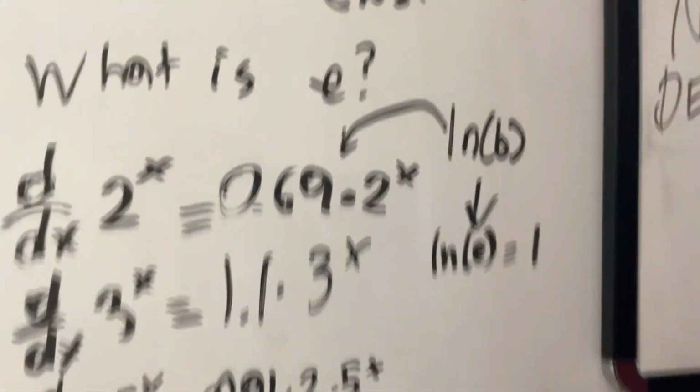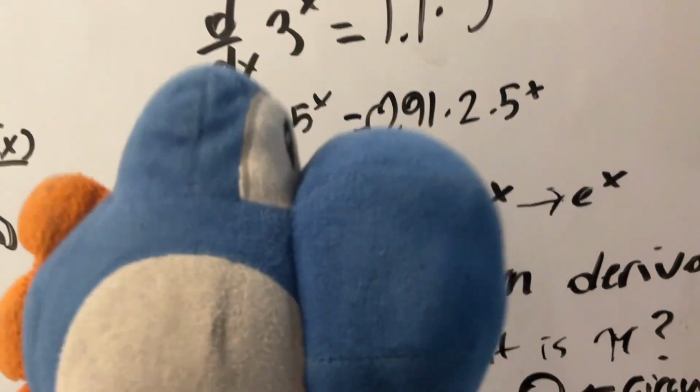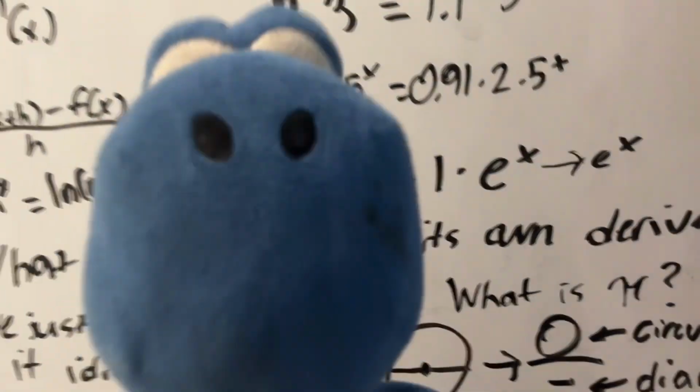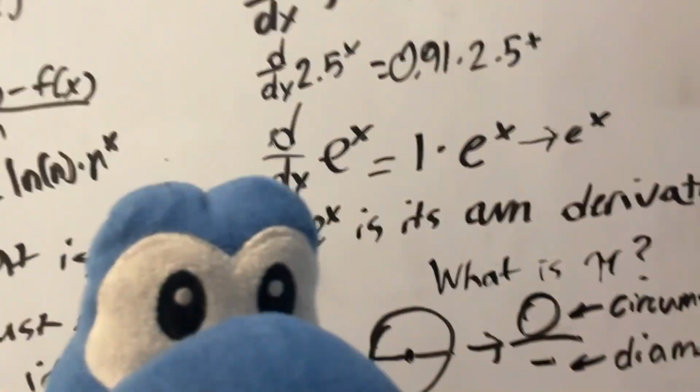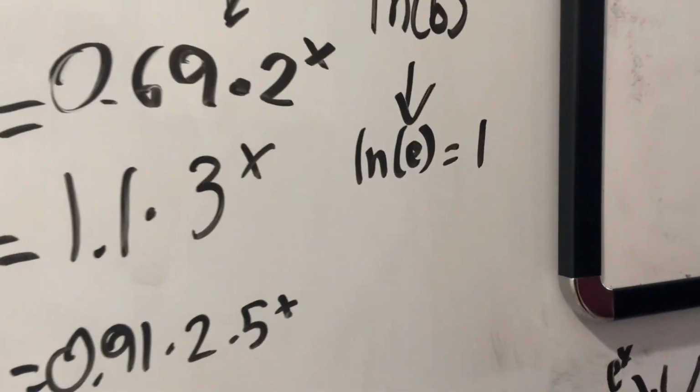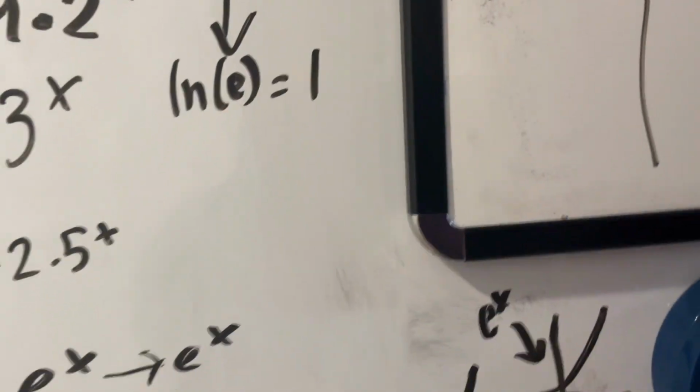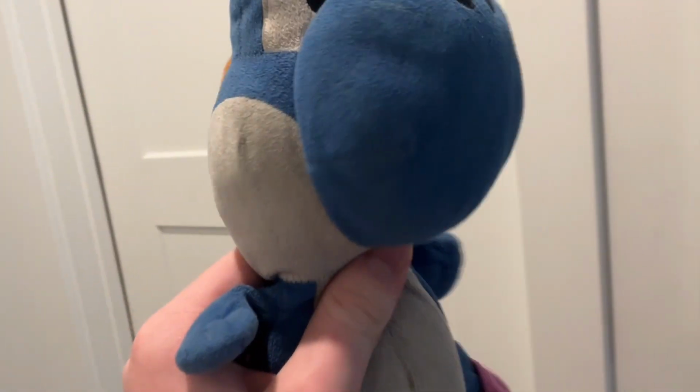We approximate its value, it's 2.71828. But since the natural log of e creates 1, the multiplicative identity, that means e is the base of the natural log. Natural log of e is 1. That means you can also create equations like e to the power of ln x, and that equals x. I didn't write that down, but yeah.